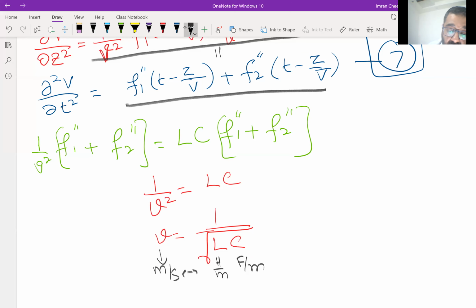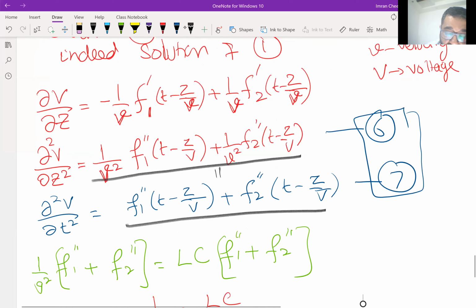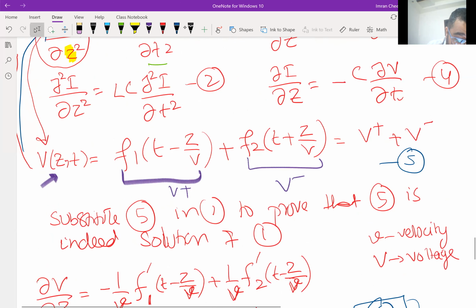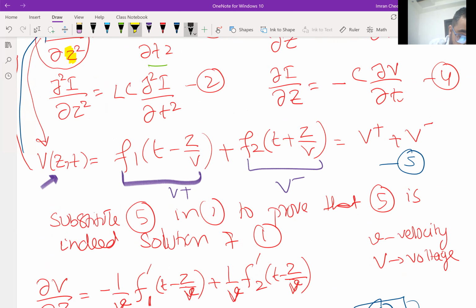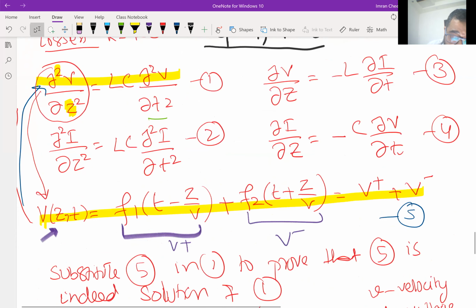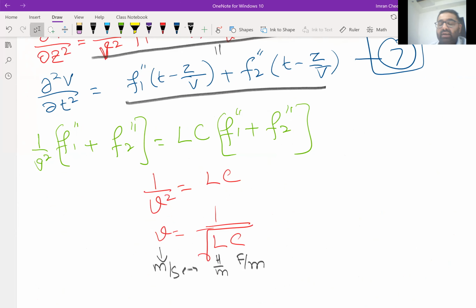So this becomes the velocity. So basically, what we proved here is that this guy is indeed a solution of equation 1, provided the velocity on the line is 1 over square root of LC. So that actually proves this thing is indeed the solution.